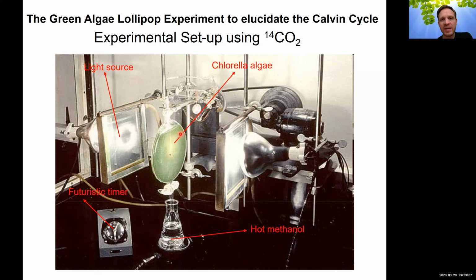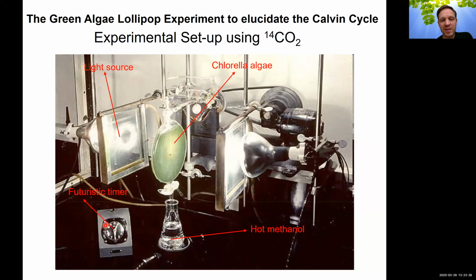and you feed in radio-labeled carbon dioxide. We're talking about fixating carbon dioxide, so you can radio-label this and feed it into these algae. They kept them in the dark, and then they have a light source here, just a lamp, so they can turn on the light into the system, and they have a timer here.